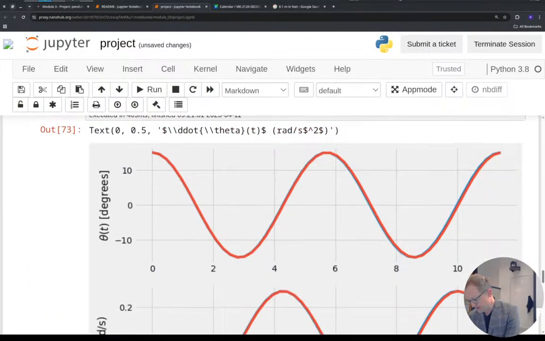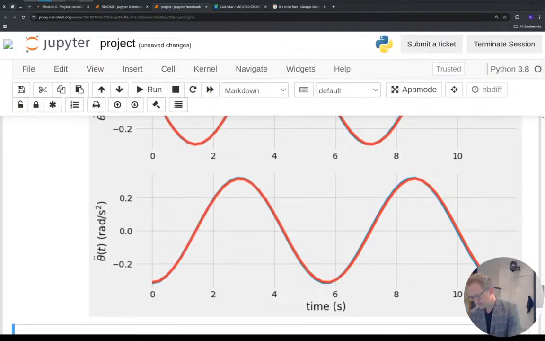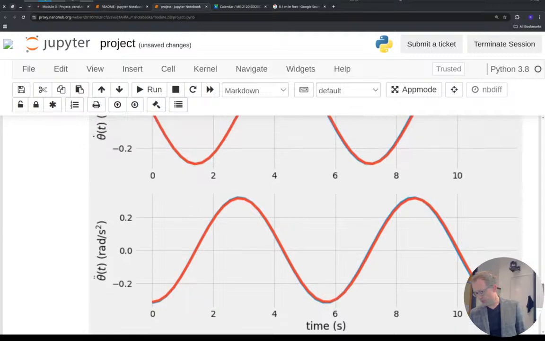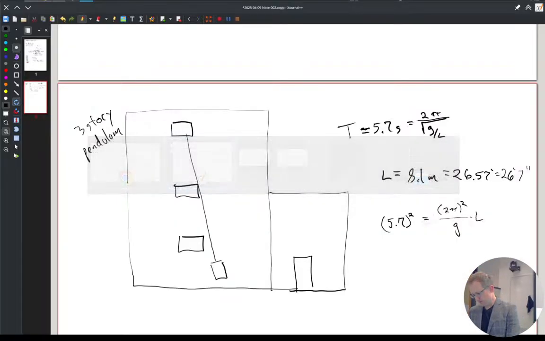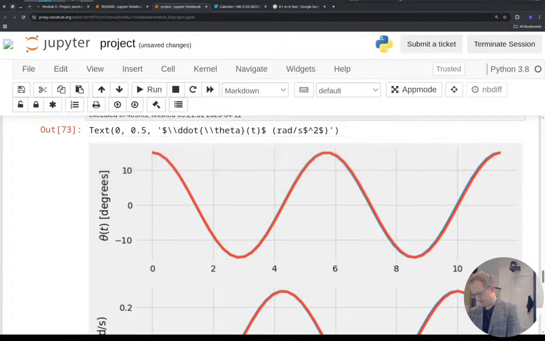Now we're down at 15 degrees. So in here, there's no measurable difference in the time period. They're both 5.7 seconds. Just shy of 6, which matches up with our measurement and our prediction.